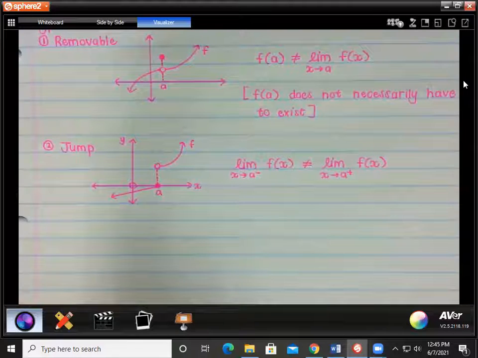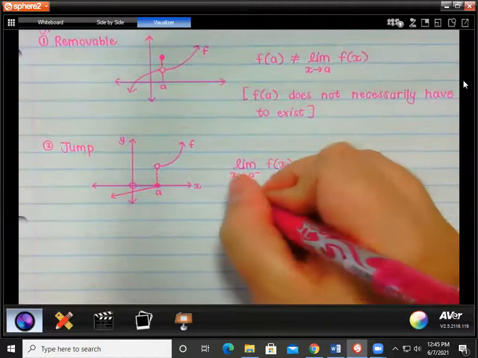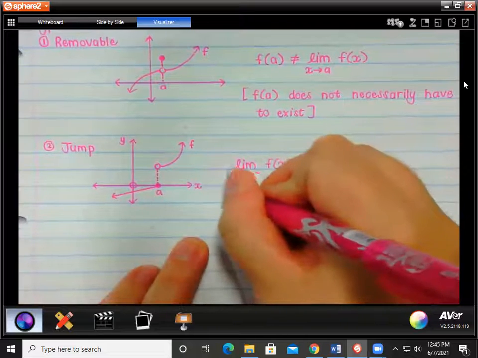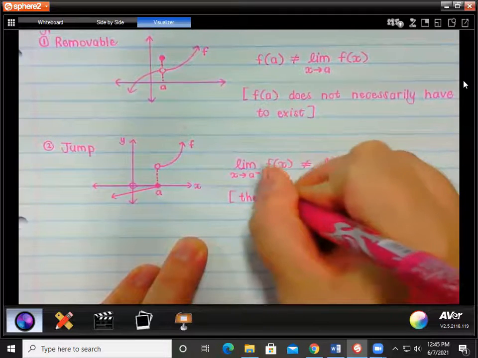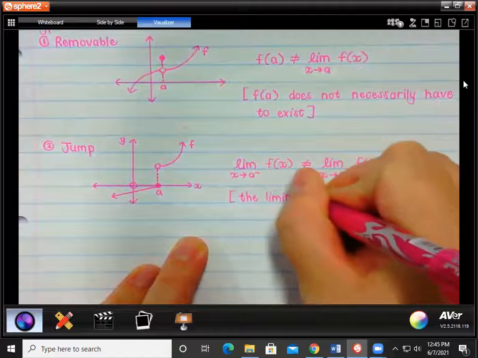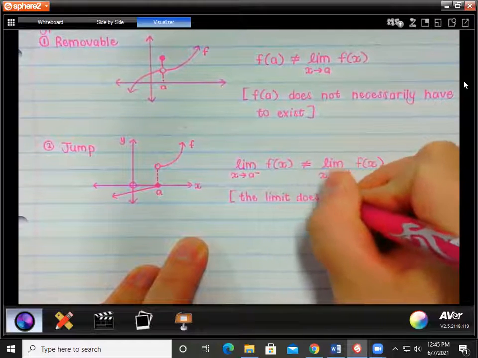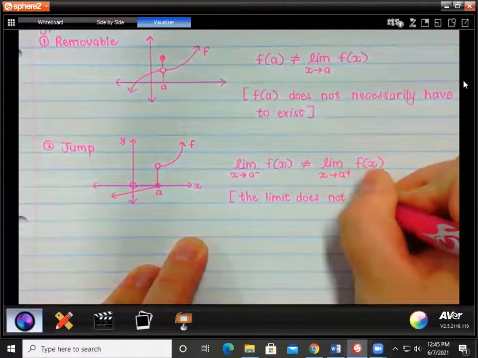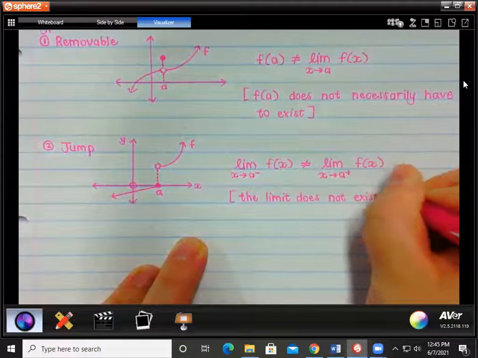All right, then you get a jump discontinuity. They also could just say something along the lines of the limit does not exist at x equals a. And then you need to know that that means that there would be a jump discontinuity.